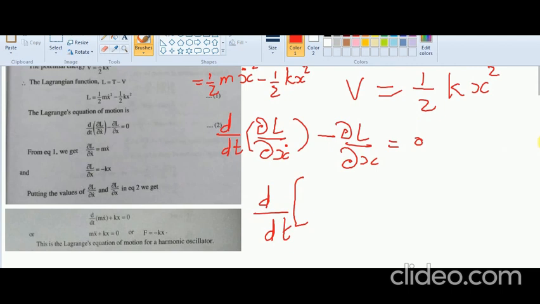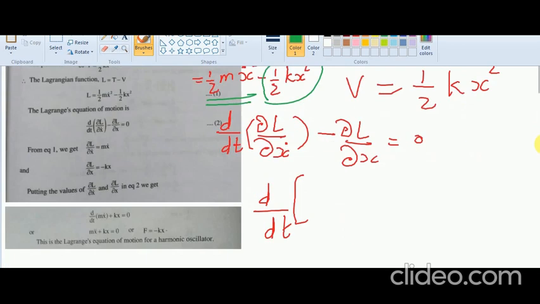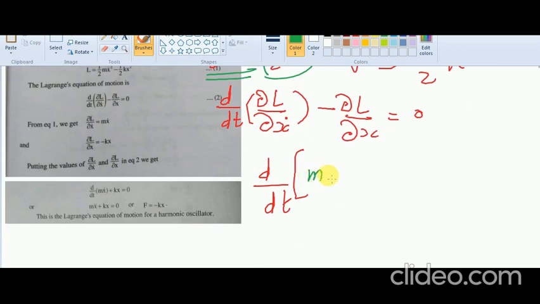You have to differentiate L with respect to x dot. When differentiating L with respect to x dot, the first term consists of x dot, the second term has no x dot, so you differentiate the first term only. Half m is constant. The differential of x dot square is 2x dot, so 2 and 2 cancel, and it gives m x dot.